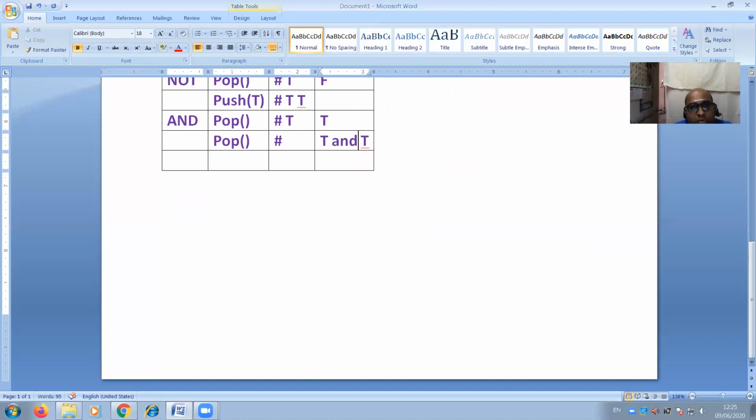What is the operator to evaluate? It is nothing but the operator which you have encountered, which is AND. So the resultant would be true and true. 1 into 1 gives me 1. So I am trying to push the value true. So now my stack has only one value, which is true.